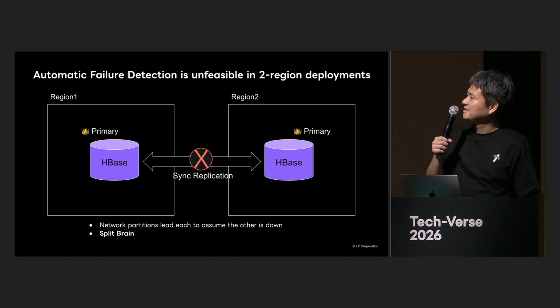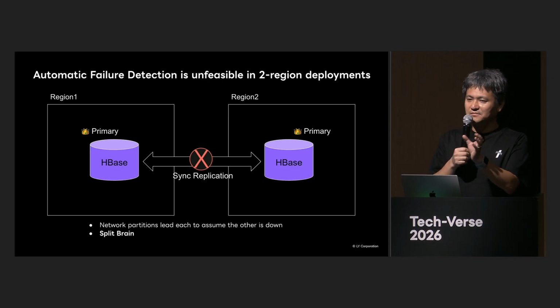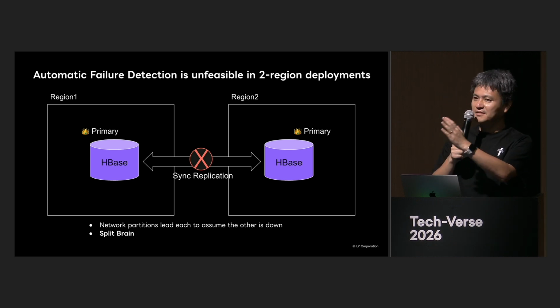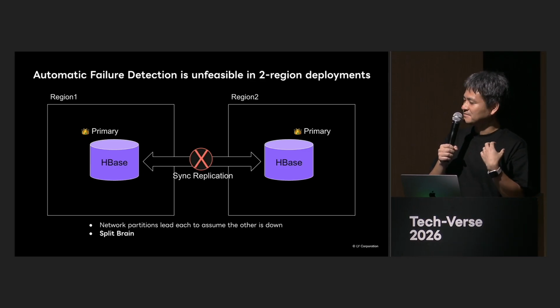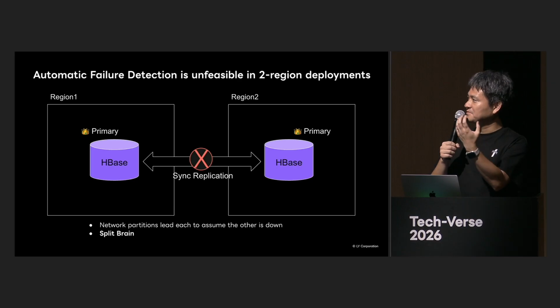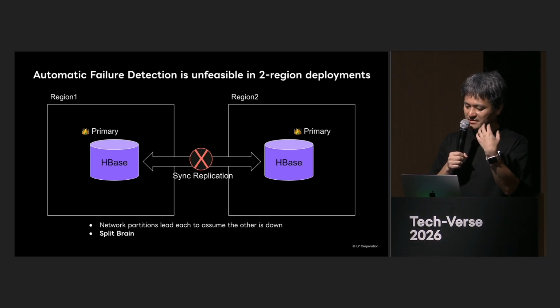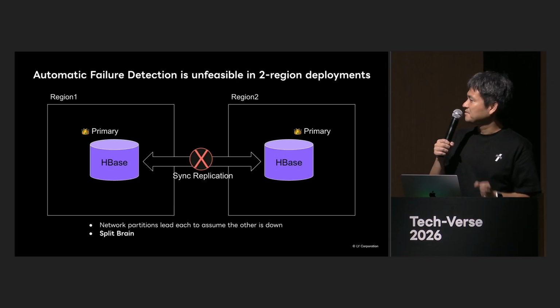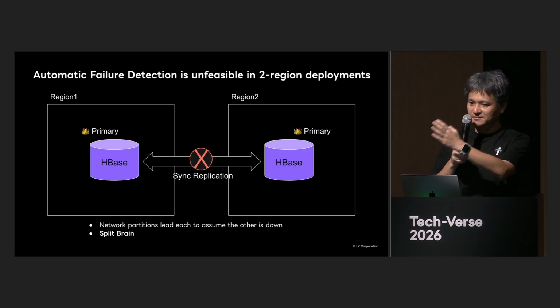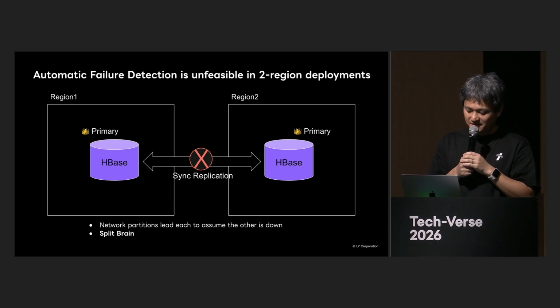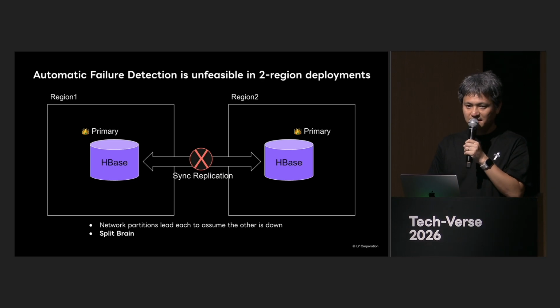What kind of problem is this? Even though both Region 1 and Region 2 are operating normally, a failure occurs, like the network between them being disconnected. They recognize each other as being in a failed state. Each assumes it is the surviving primary. If we continue to accept writes from users in that state, then when replication is resumed, it becomes unclear which data is real or correct, making it difficult for business to continue.